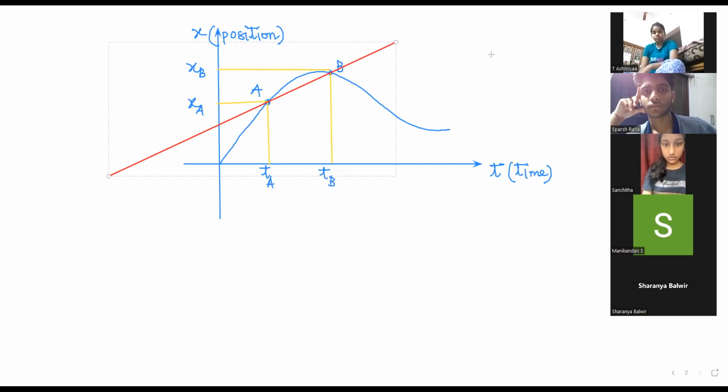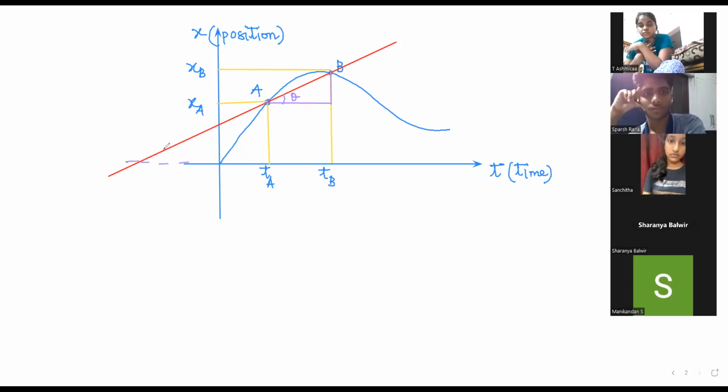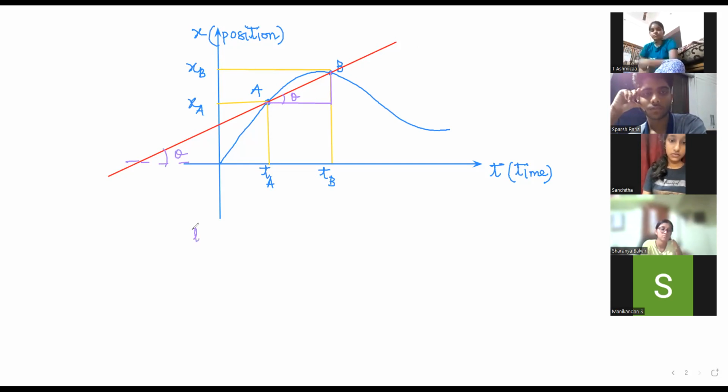How many of you are aware about slope? You guys understand slope or not? See, this is the angle which this secant is making with the x-axis, and if I find tan theta, I am finding the slope of this secant. Now how will I do it?